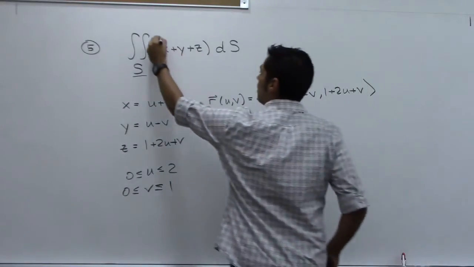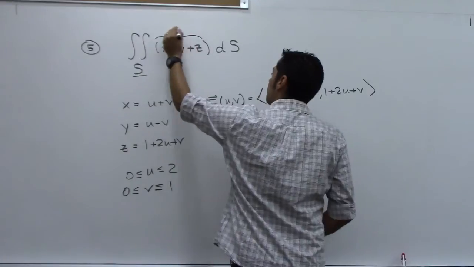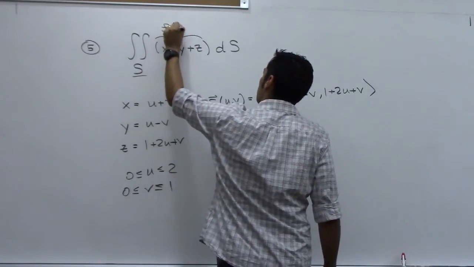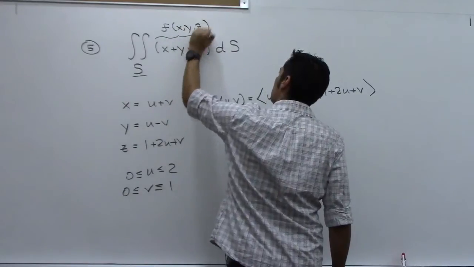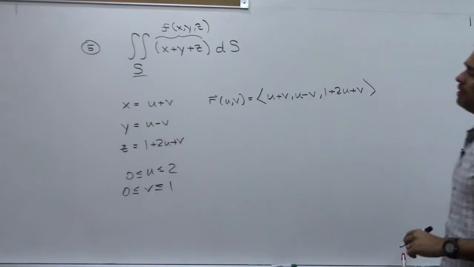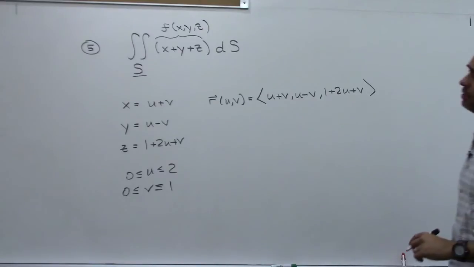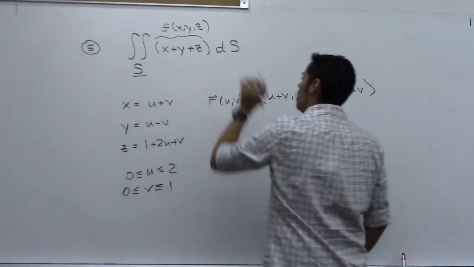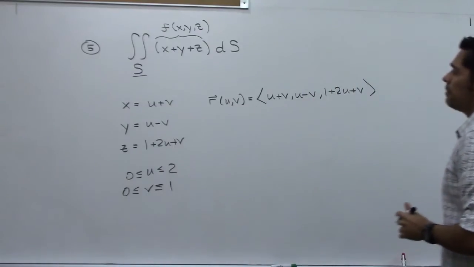Now this right here is a linear function, which means a scalar function, f of x, y, z. So I'm trying to find the surface integral over the surface S of a scalar function with respect to surface area.